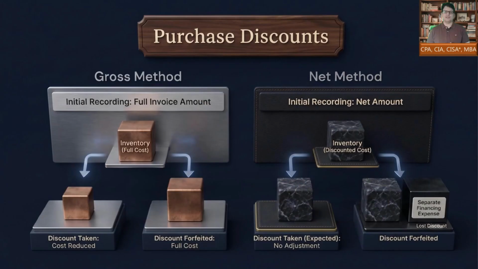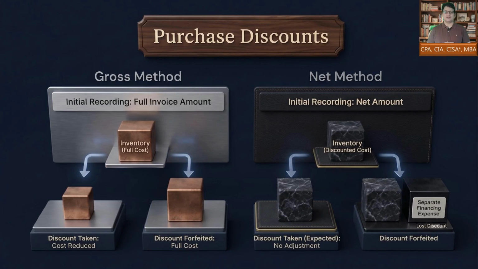Purchase discounts can be handled using either the gross method or the net method, but the chosen method must be applied consistently. Under the gross method, the purchase is recorded at the full invoice amount, and any discount actually taken reduces the purchase cost. If the discount is not taken, the full invoice amount remains.